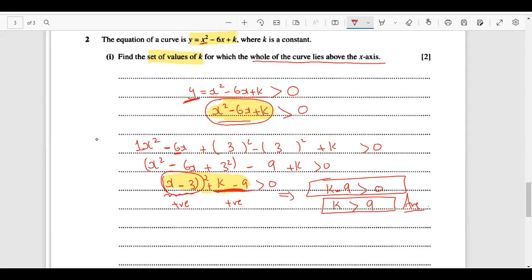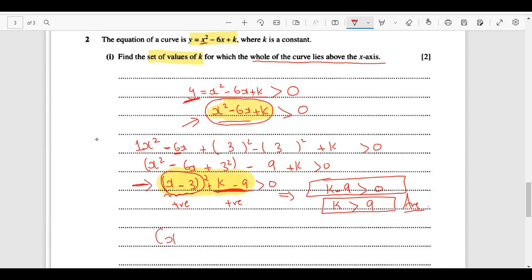Basically, we need to find the values of k for which this entire expression is positive, right? Now, at this point, I was not sure. I could not find any set of values of k directly. I applied the completing square method, and after that, this is what I got.